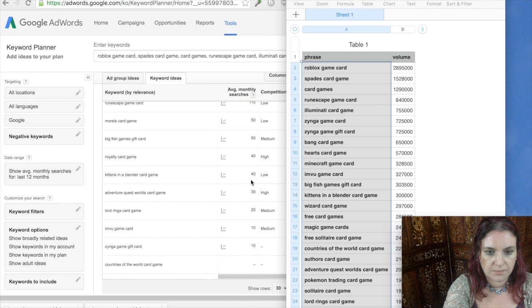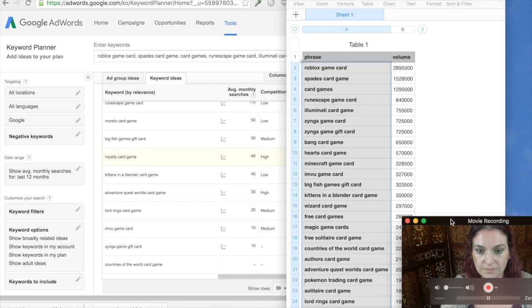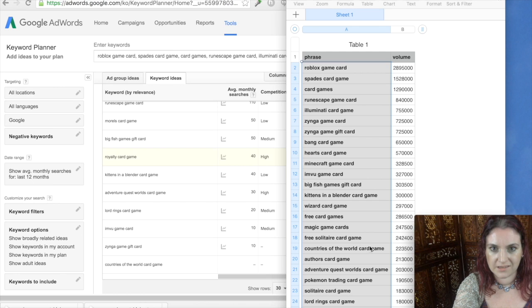And if we go down to the bottom and look at some of these, there are searches here. Lord of the Rings card game only gets 20 searches a month on Google. But you'll see that this app is saying it gets 180,000 searches on Amazon.